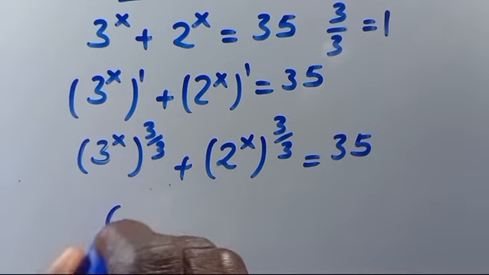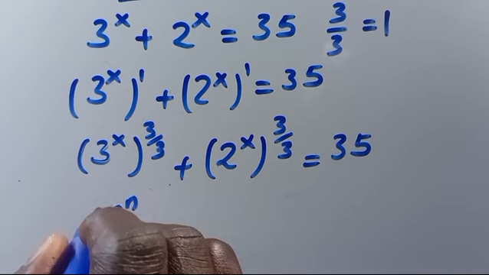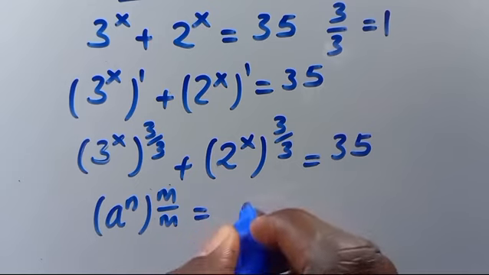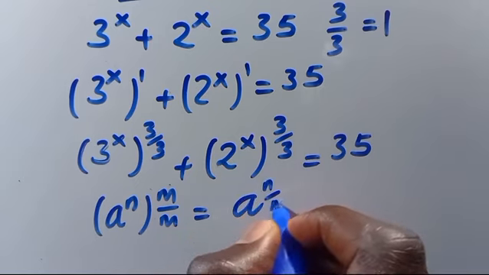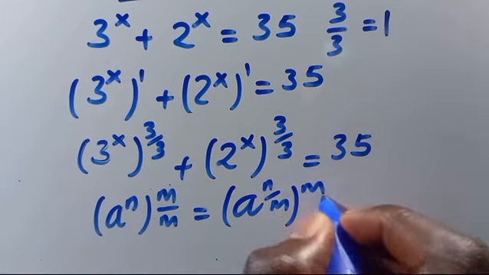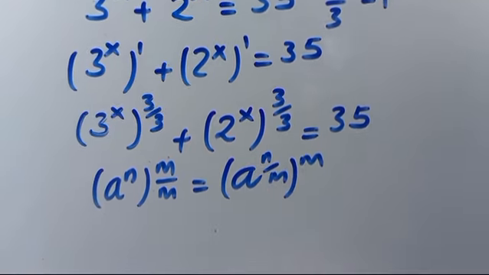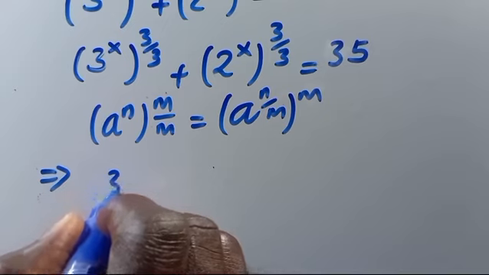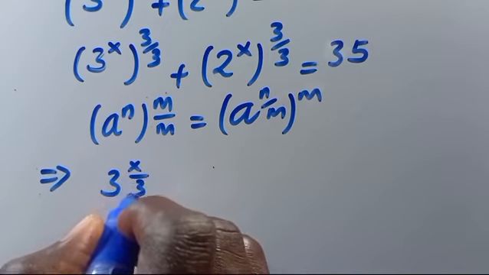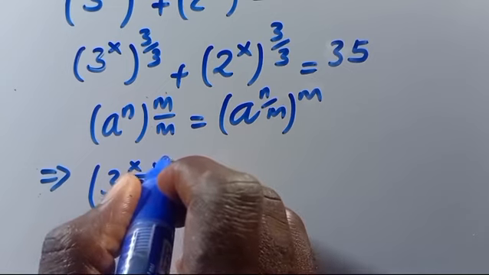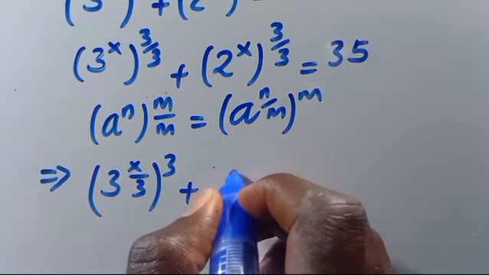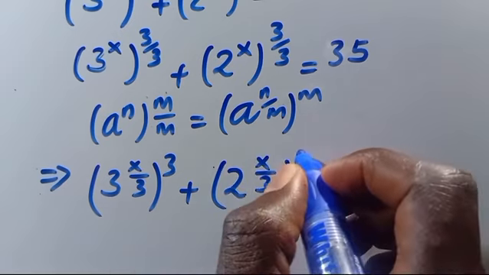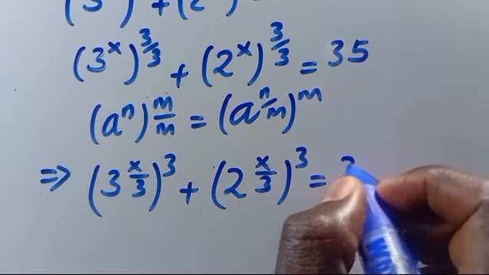Then when we have a to the power of m in parentheses to the power of n over n, we can have this as a to the power of m over n in parentheses to the power of n. So we are going to have this as 3 to the power of x over 3 in parentheses to the power of 3 plus 2 to the power of x over 3 in parentheses to the power of 3 equals 35.